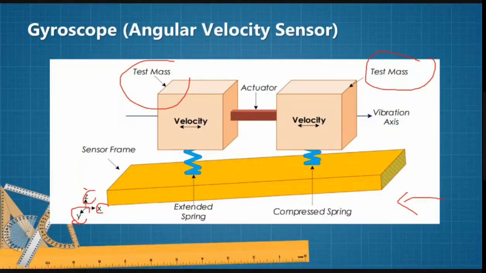In the case of the test mass on the left, the distance increases. And in the case of the test mass on the right, this distance decreases.